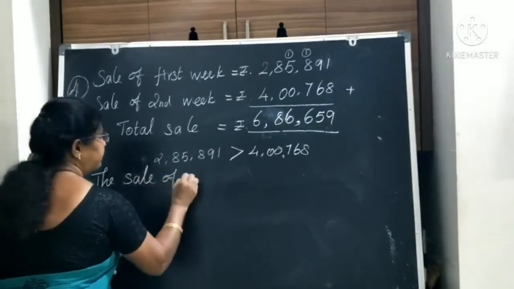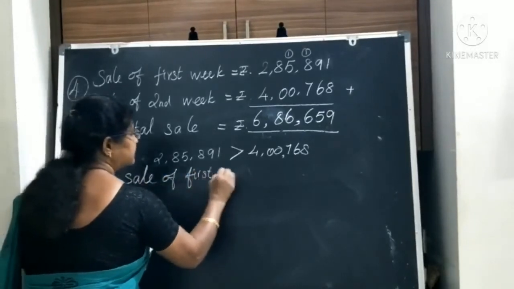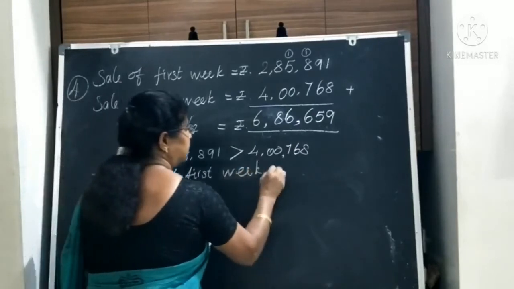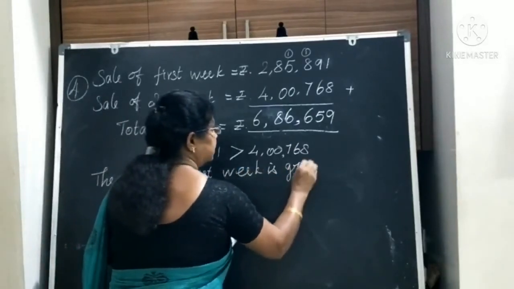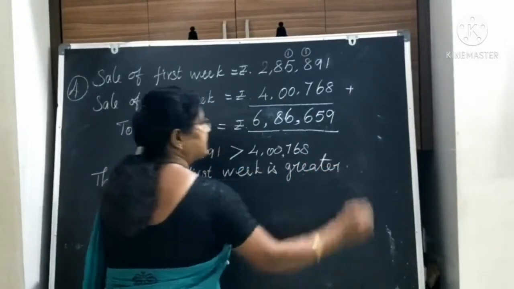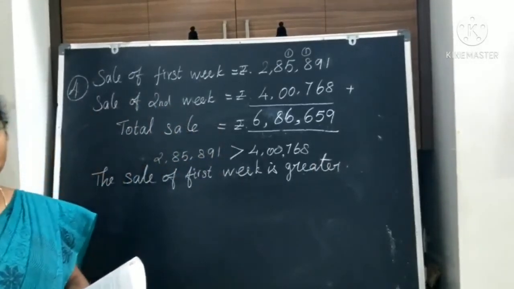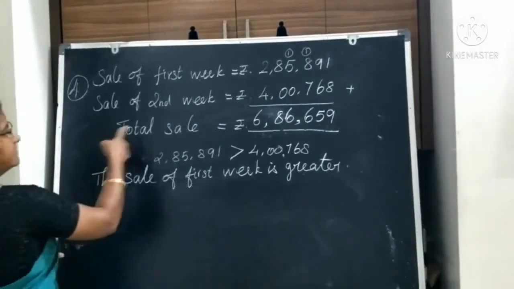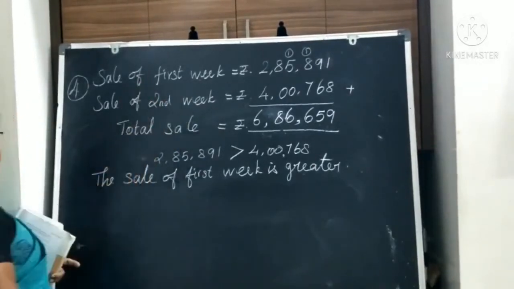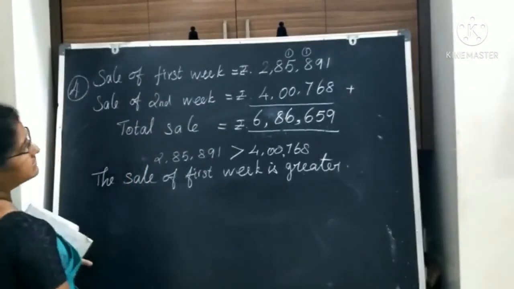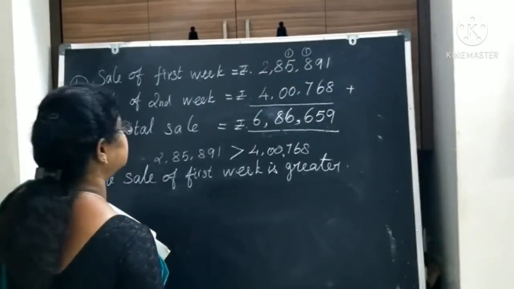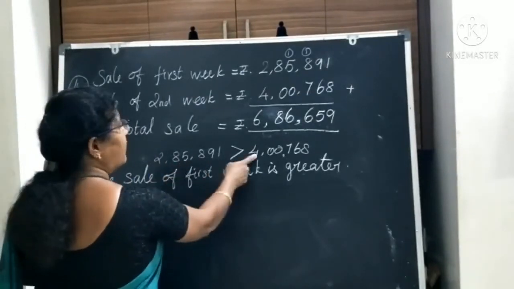Next, and by how much? So what to do? We have to subtract. Which one? From first week to second week. First week is greater. 2,85,000, 4 lakh.